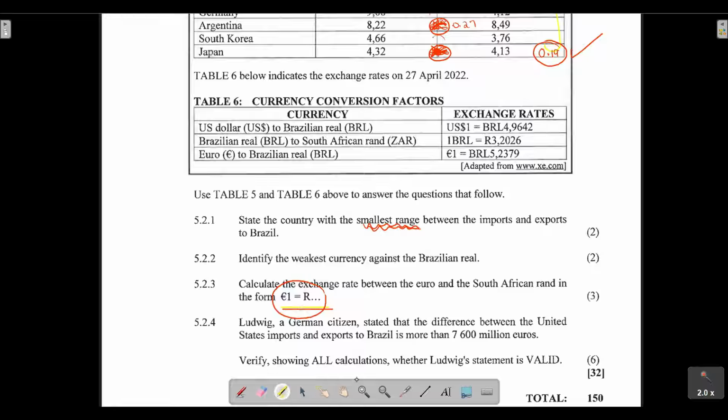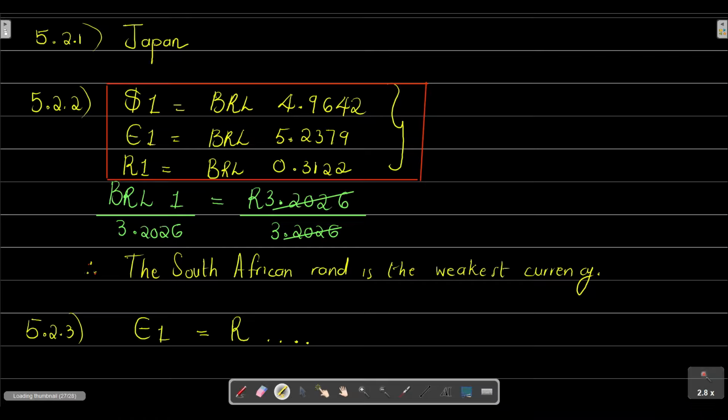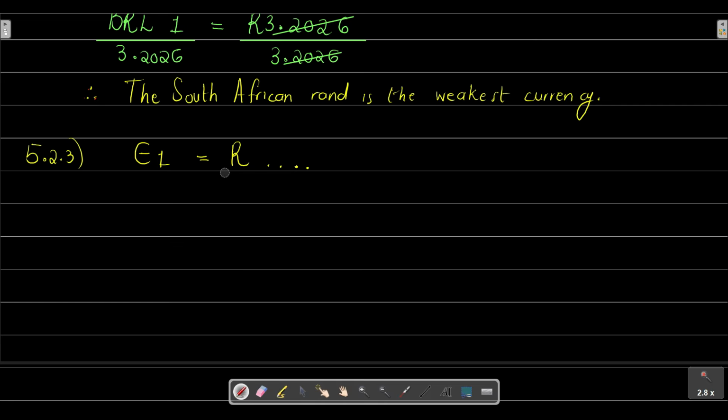Which formula deals with the euros? We're going to focus on this one. Which formula deals with the rands? We're going to focus on that one. I'm going to write these two formulas on the next page.